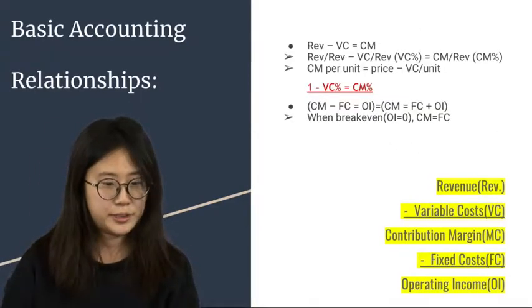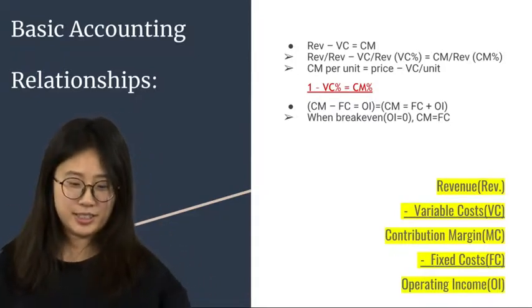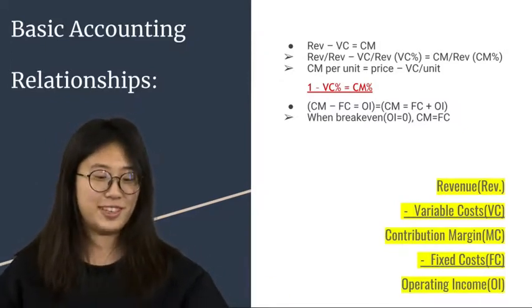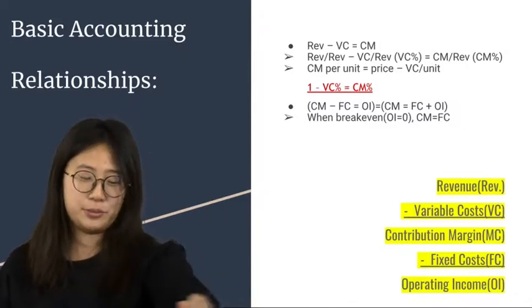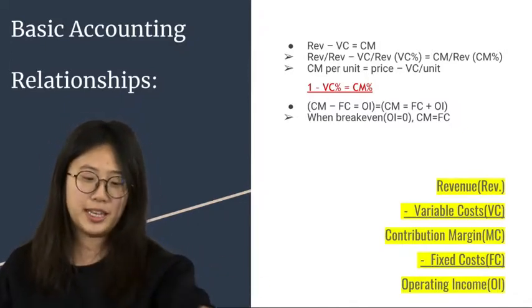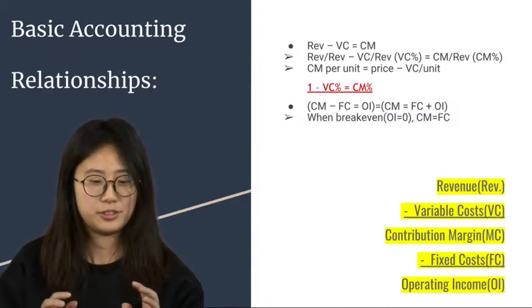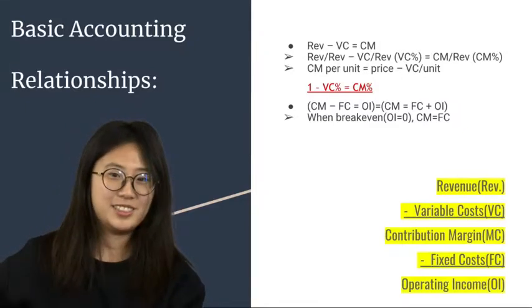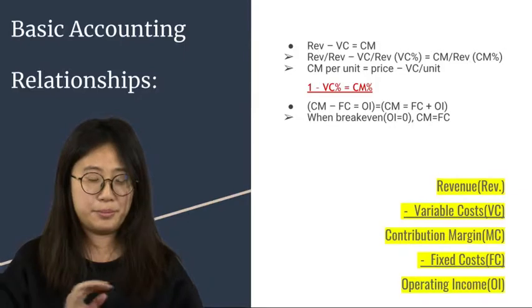So we all learned before how to calculate revenue minus variable cost, which equals the contribution margin. Based on this formula, you can split it into a more detailed calculation: 1 minus the variable cost percentage equals the CM percentage.